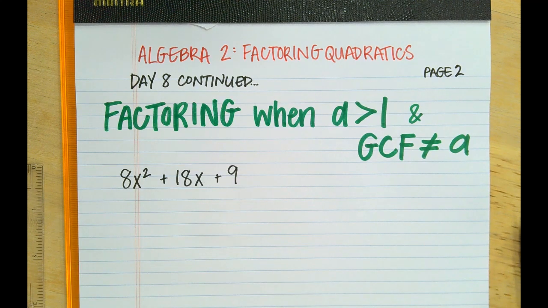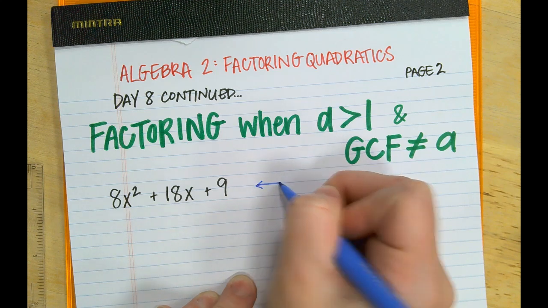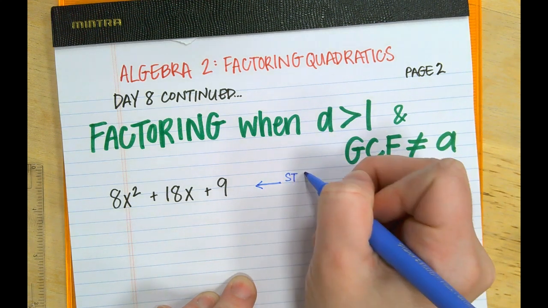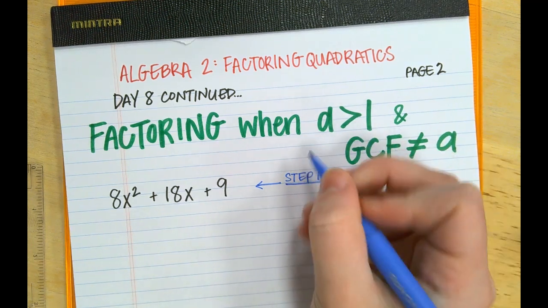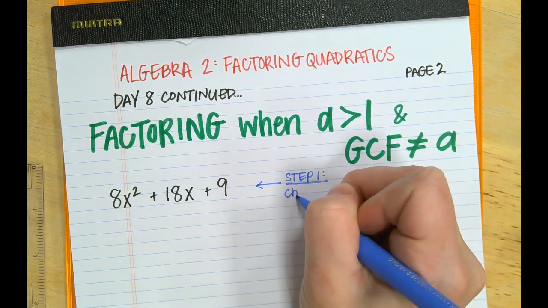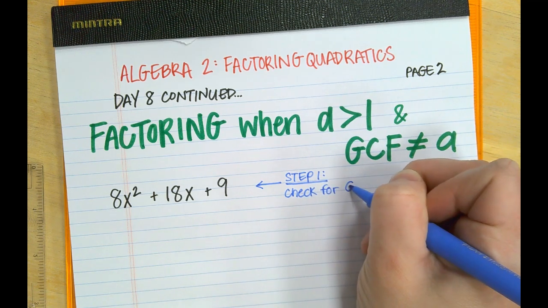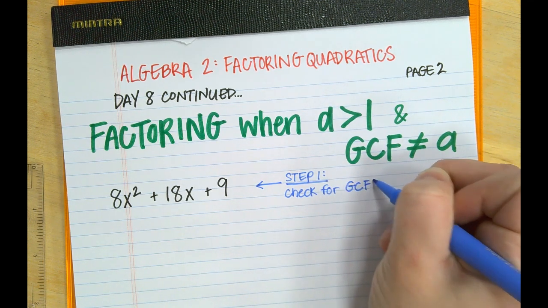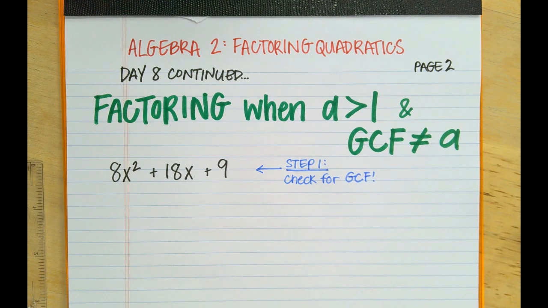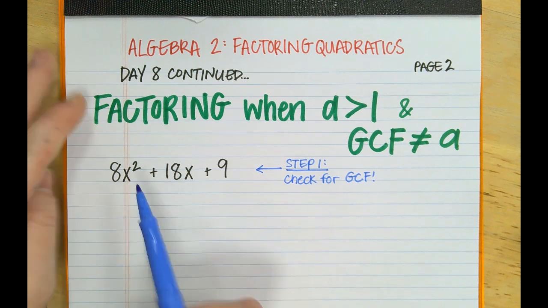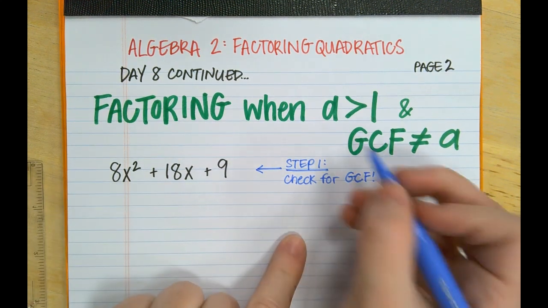We're checking for a GCF. I'm going to write that. We're making a guide again. Step 1. Check for GCF. If there is no GCF, which, is there a GCF here? No. Nope, there's not.